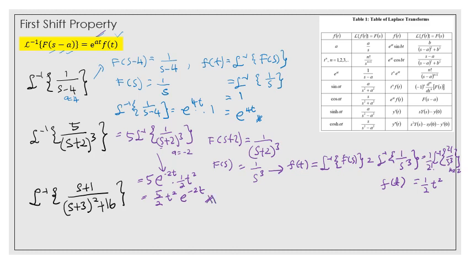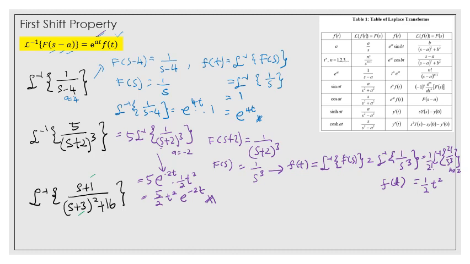Okay, last example. Inverse Laplace of (s plus 1) over ((s plus 3) power 2 plus 16). This one we can solve by using the first shift property because every single s is attached to a constant. But there are different constants here: we have plus 1 and plus 3. So which one to choose? We only need to choose one constant.